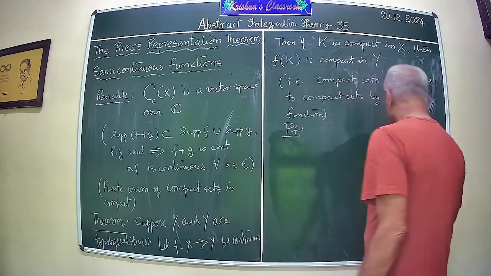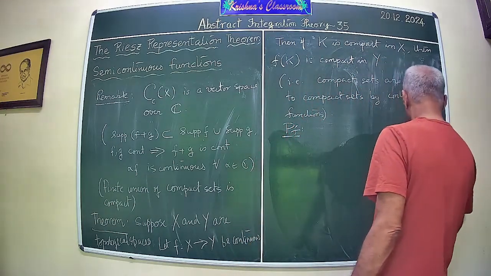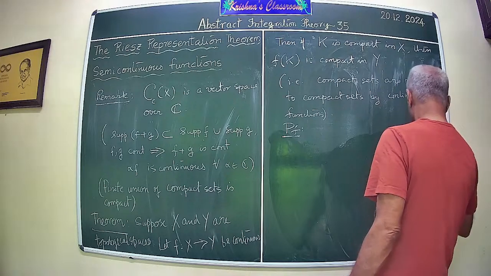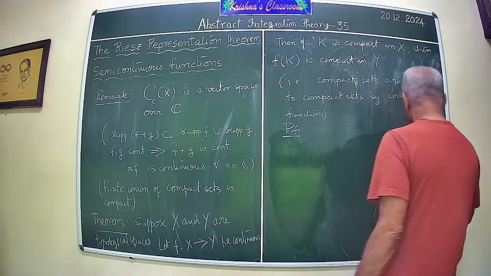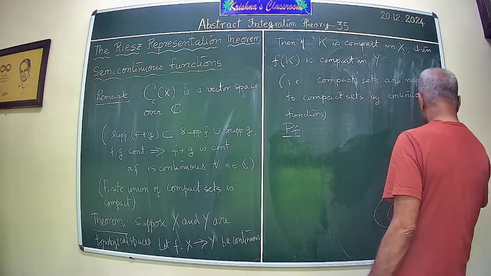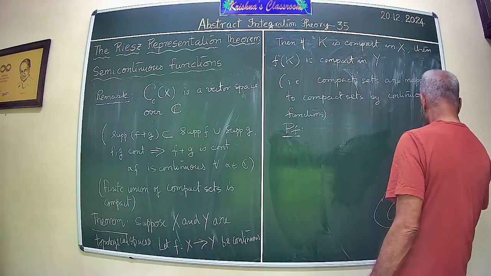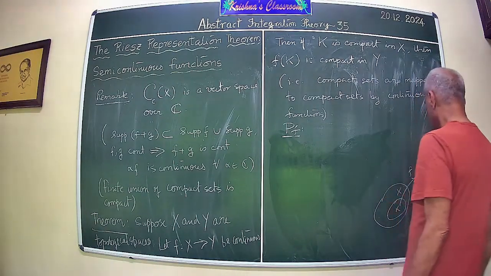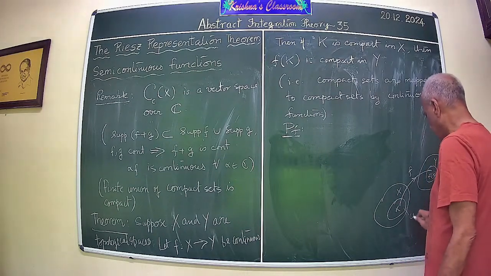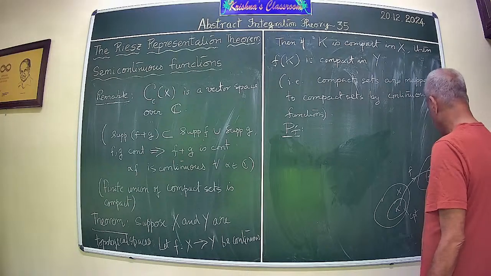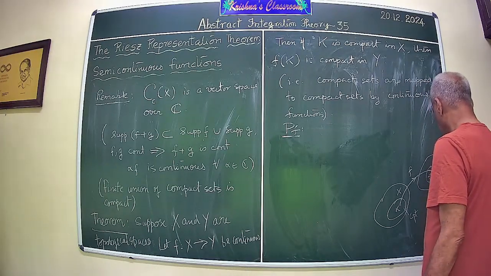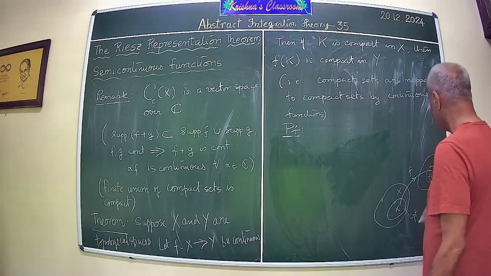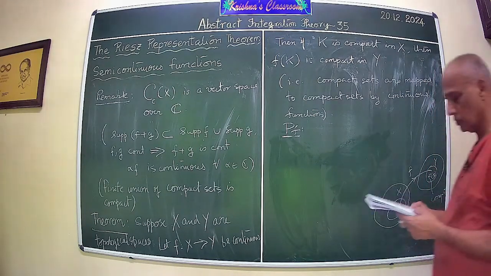So see, you have X here, Y here, both are topological spaces. This is K, which is compact. That's f(K).